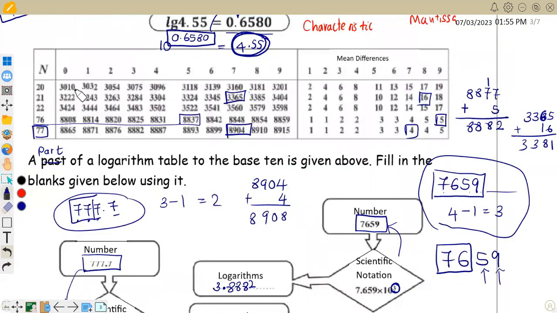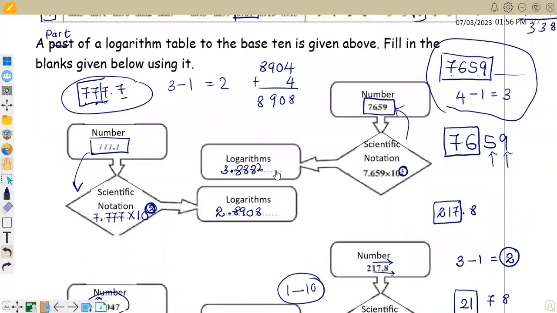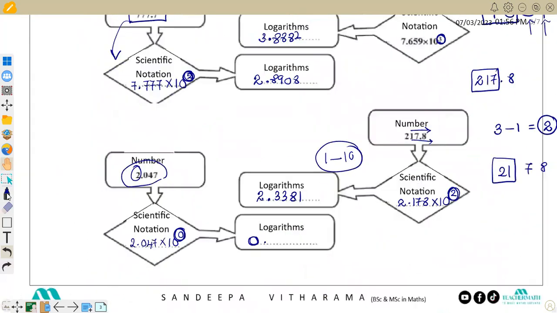Move to the 20. 7th column 4. That means 3096 add 15. It is 3111.